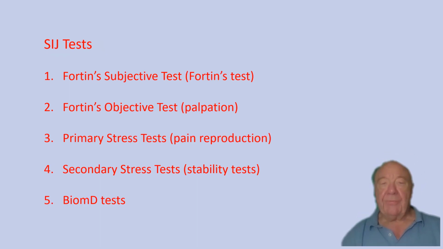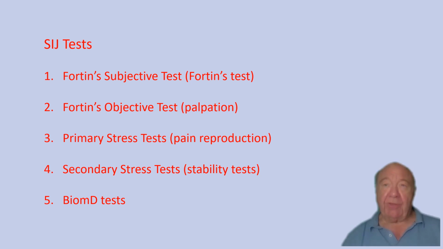The tests that we're going to talk about are specific to the SI joint, or at least reasonably specific to the SI joint. Fortin's finger test is a subjective test. You ask the patient to put a fingertip, not more than a fingertip, on where they feel the pain is either worse or where they feel it's coming from. And it has to be just medial to and slightly inferior to the PSIS.